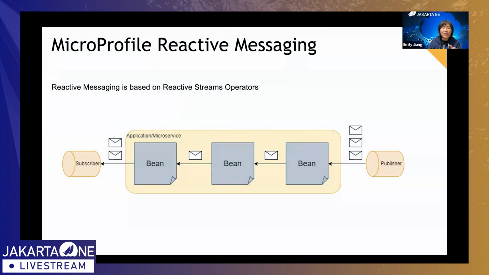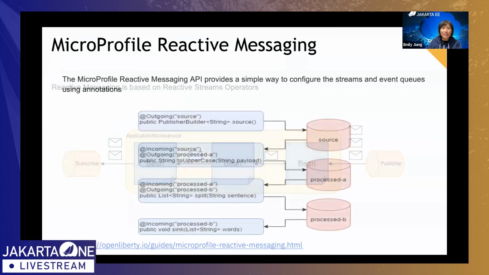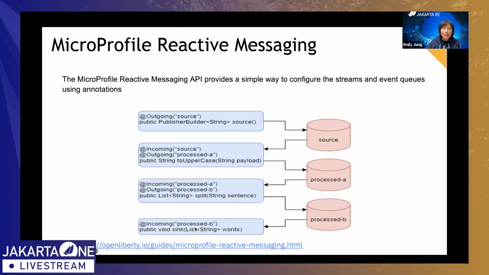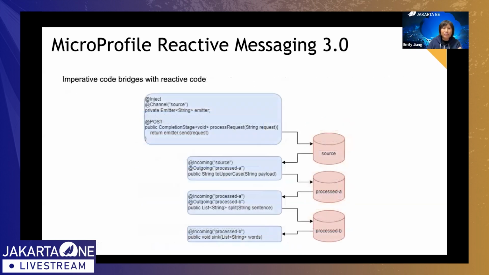It has reactive messaging, so it has a publisher and then a subscriber, which consumes messages. For the publisher you have outgoing, which is the channel, and then incoming will be the receiver. And then one operation could be both, a processor: incoming and outgoing, basically processing a message and then sending a message.